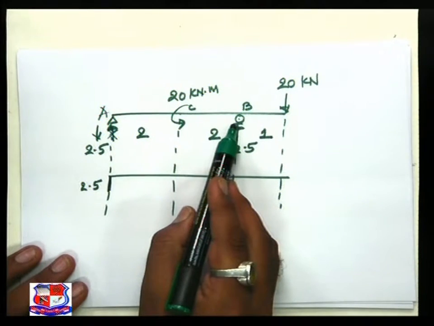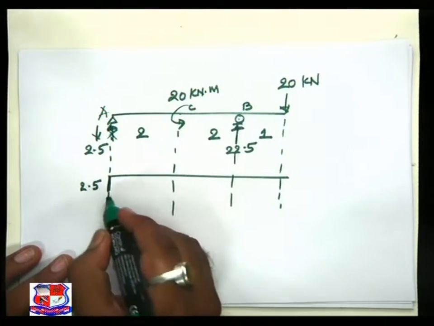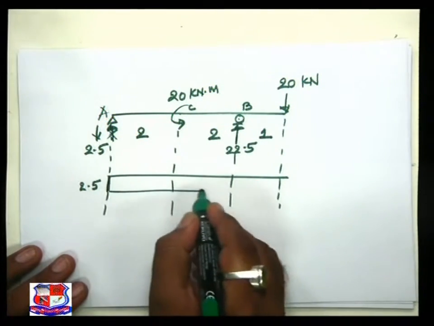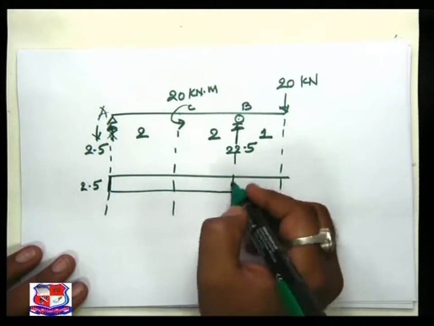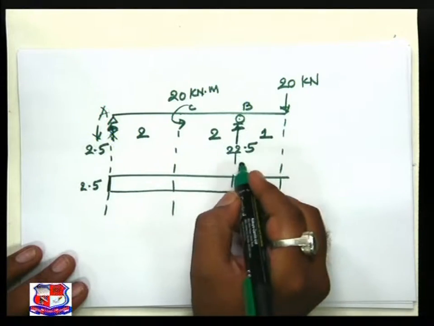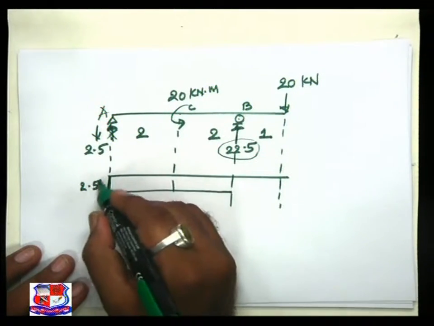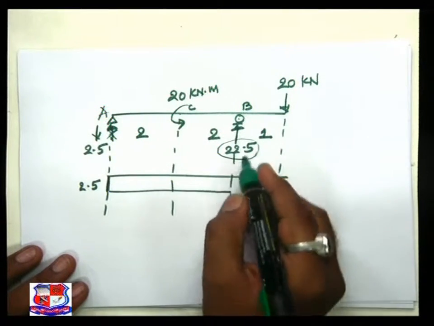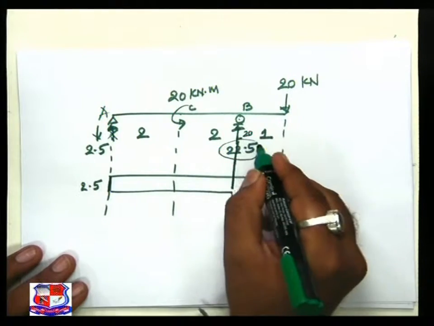The variation of shear force is given by a horizontal straight line. Next, sudden change will be there because of application of 22.5. So -2.5 plus 22.5 we got 20. The answer comes to be 20.